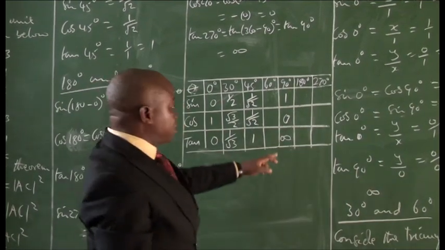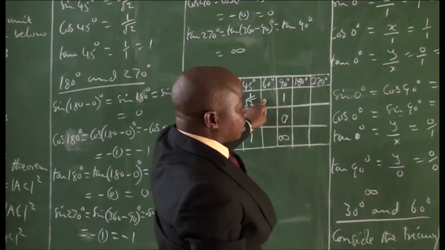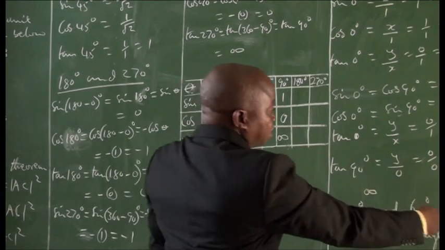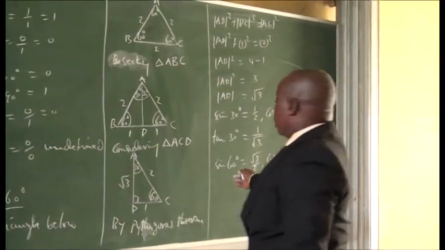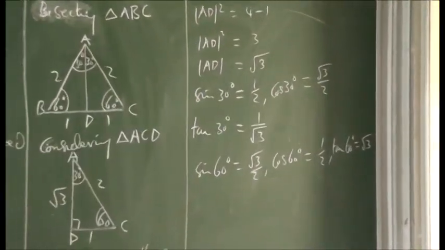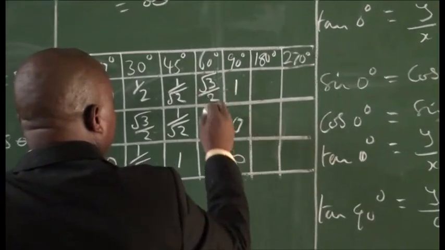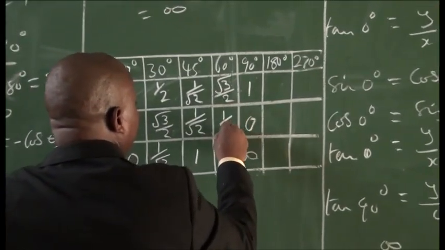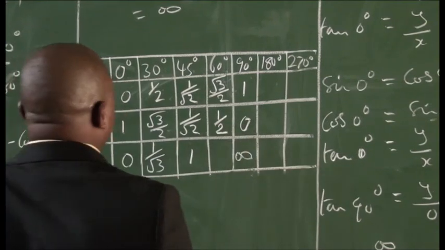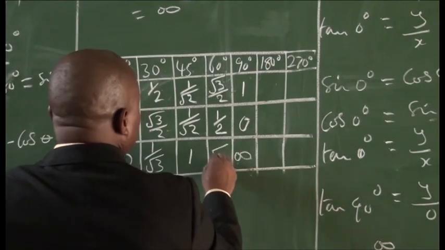Then for 60 degrees, we have done something about 60 degrees here. We see that sine 60 degrees is root 3 over 2, cos 60 degrees is 1 over 2, then tan 60 degrees is root 3.